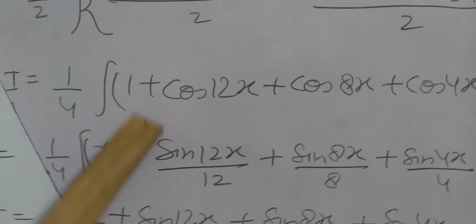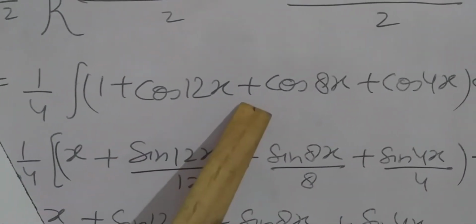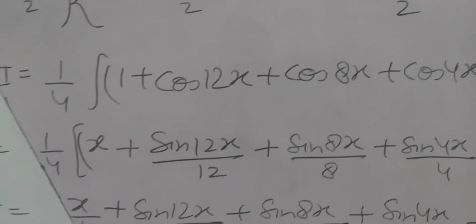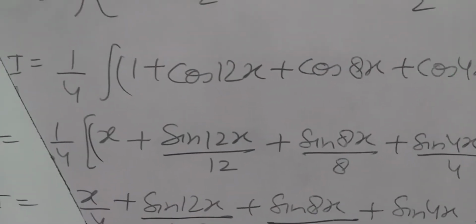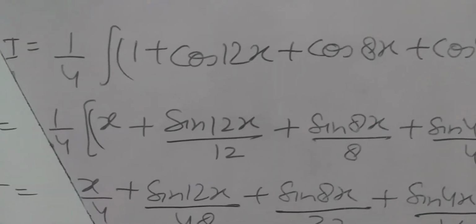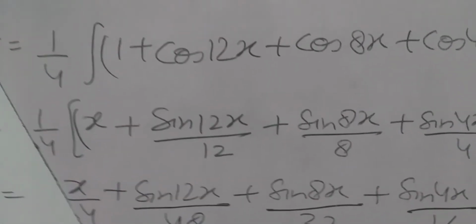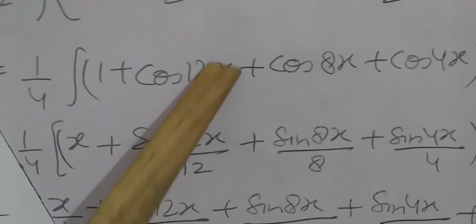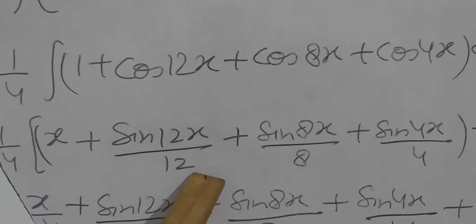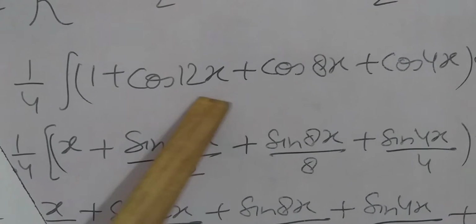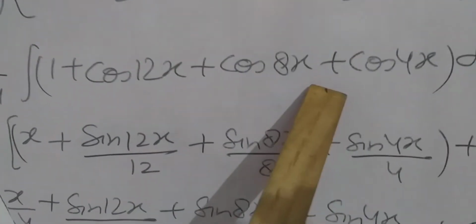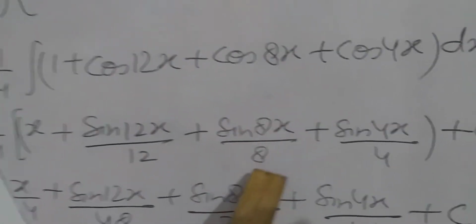So one integral is x, cos 12x integral is sin 12x upon 12, because we know that integration of cos ax equals sin ax upon a. That's why the coefficient of x must come in the denominator. So its integration is sin 12x upon 12. Its integral sin 8x upon 8.